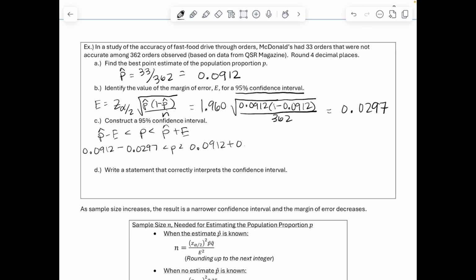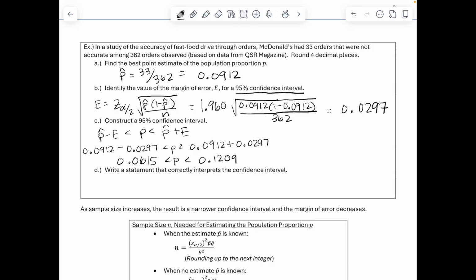Simplifying this, we get 0.0615. And then adding them, 0.0912 plus 0.0297, our upper bound is 0.1209. So that's our confidence interval.